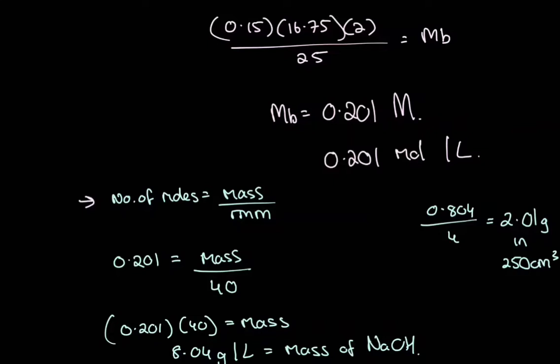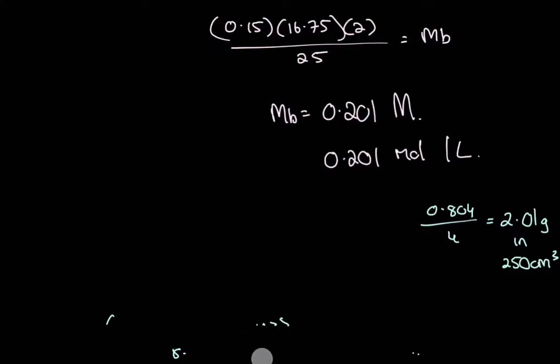Okay, so the 8.04 is how much would be in a litre. The 2.01 grams is how much is in the 250 centimetres cubed. Now, I didn't weigh out 2.01, I weighed out 2.5. So there's a clear difference there.